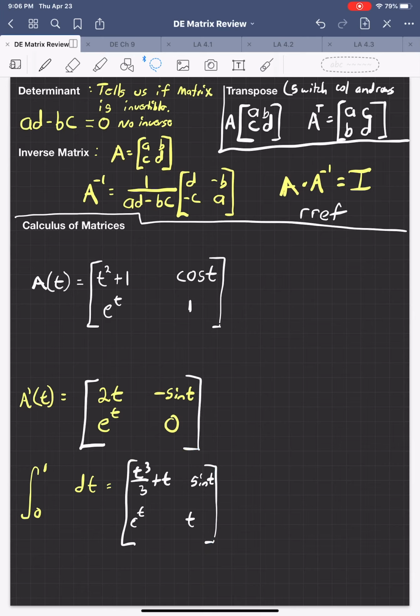I was correct in my first assumption, that I integrated A of t. So starting with A of t, if you integrate t squared plus 1, you do get t cubed over 3 plus t. If you integrate cosine, you get sine. If you integrate e to the t, you get e to the t. If you integrate 1, you get t. So my initial thought was correct, just my handwriting somewhat sloppy.